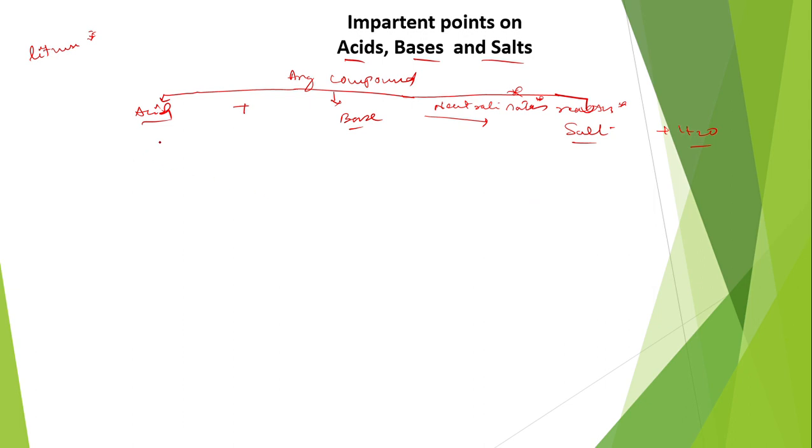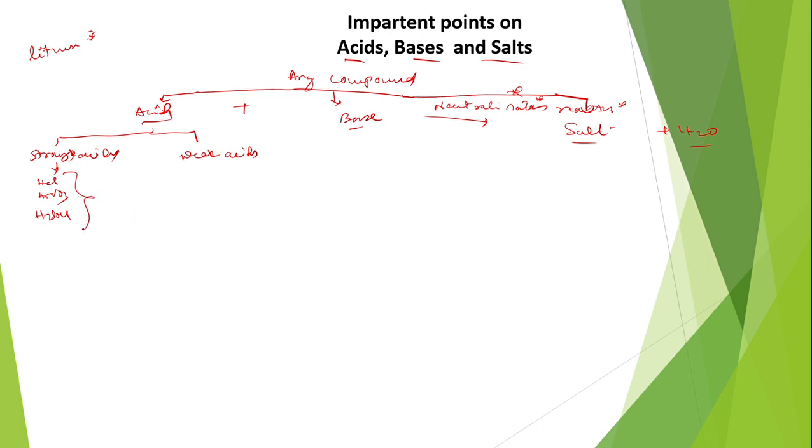Now acids are again divided into strong acids and weak acids. What are strong acids? The chemical formulas for strong acids are HCl, HNO3 and H2SO4.